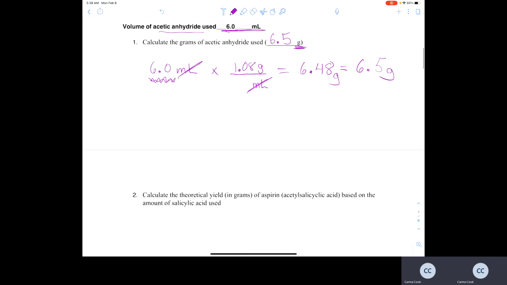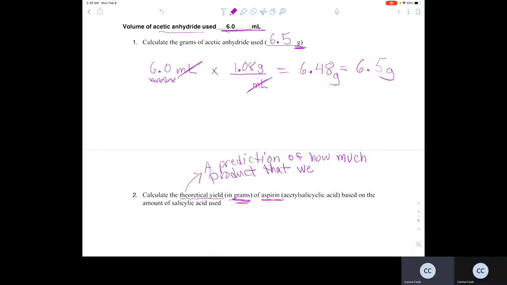The second calculation is we need to calculate the theoretical yield in grams of our aspirin product. So what the theoretical yield is, is simply a prediction of how much product, in this case aspirin, that we should produce in a perfect world.